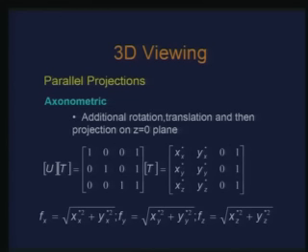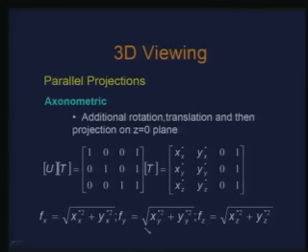Similarly, this is the change in the unit vector in y, which I compute as foreshortening in y, and similarly foreshortening in z.